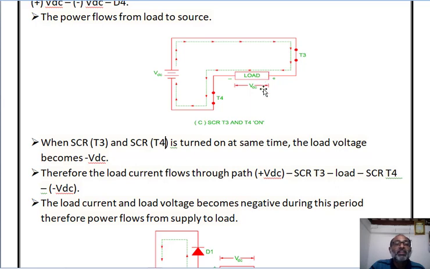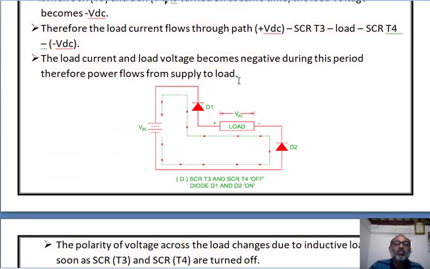Therefore, the load current flows through the path from plus VDC to SCR T3, then load, then SCR T4, and negative VDC. Here you can see the load current and load voltage both are in the negative direction during this period. Therefore, the power flows from supply to load. That is the third mode.